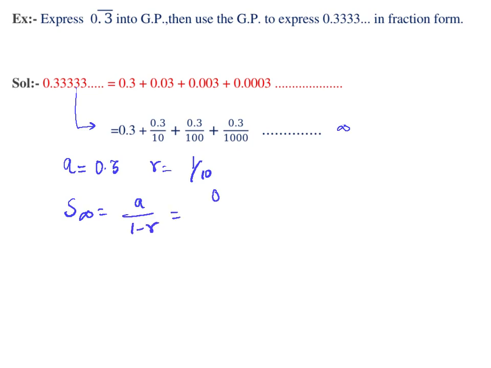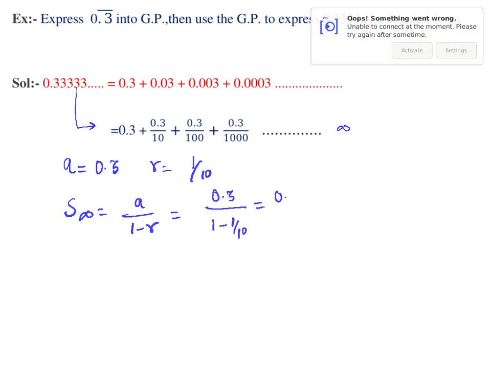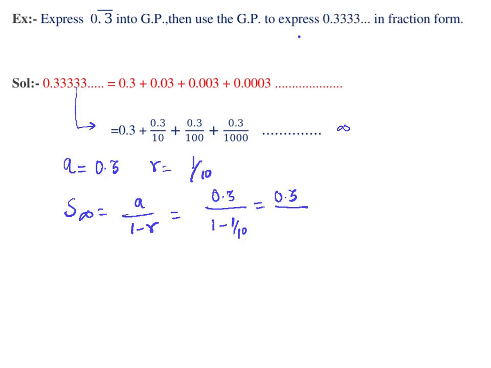You will get 0.3 upon 1 minus 1 by 10, or simply 0.3 upon 9 by 10, and you will get 0.3 into 10 upon 9, so we get 3 by 9, that is 1 by 3 in lowest form.